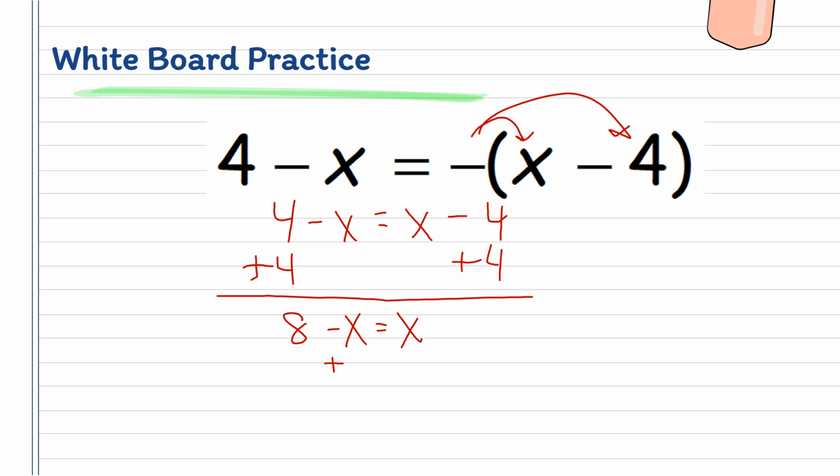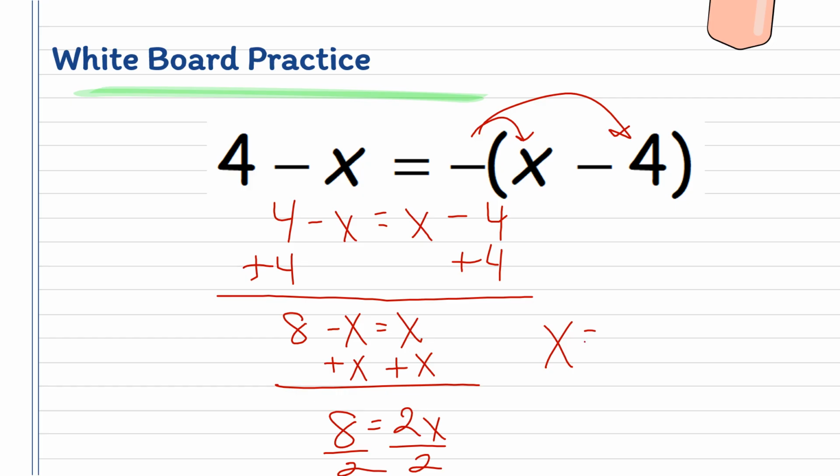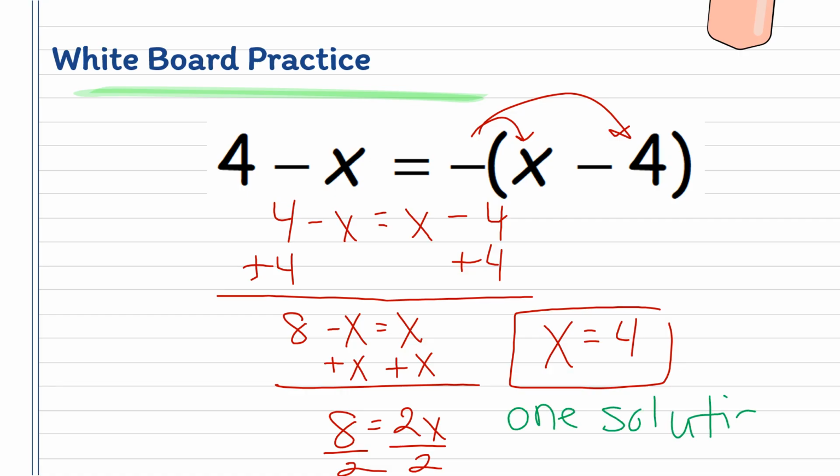Let's add an x. You wind up with 8 is equal to 2x. Divide by 2. X equals 4. Now I don't want to just say that. I also want to add how many solutions there are. As you can see, it says x is equal to 4, so there's one solution.